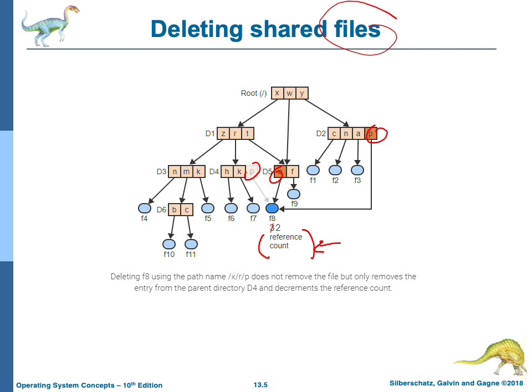So instead of three parents pointing to F8, we're going to have only 2 when this parent calls the delete operation. So it's just the pointer that's going to be deleted, but not the file itself. Only when the reference count becomes 1, this means that this file has only 1 parent. Then when the deletion operation is called, the file itself will be deleted.